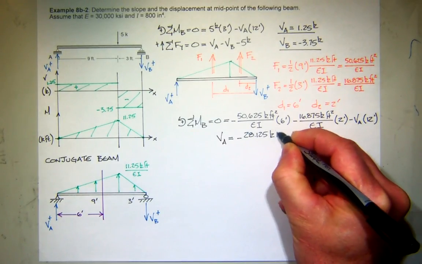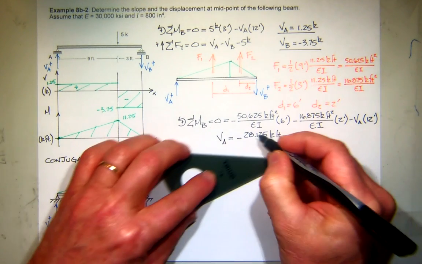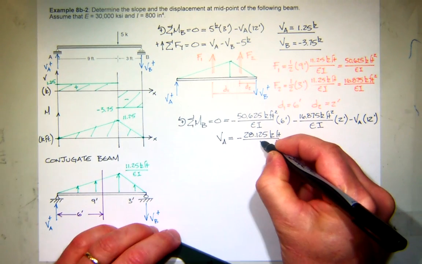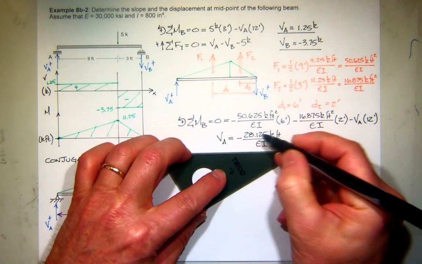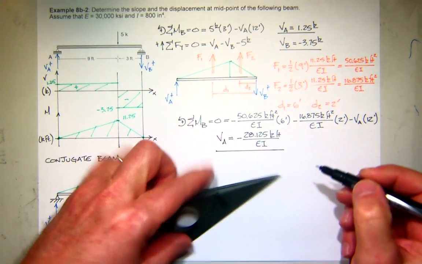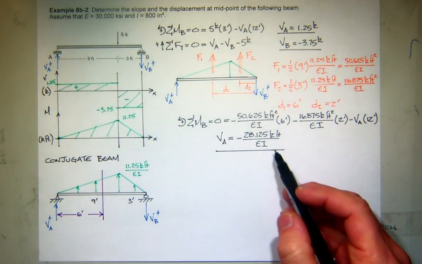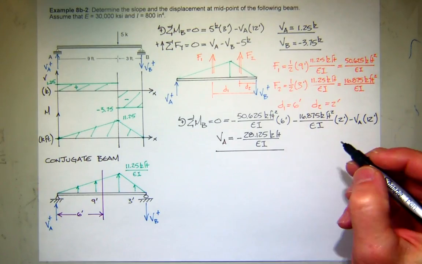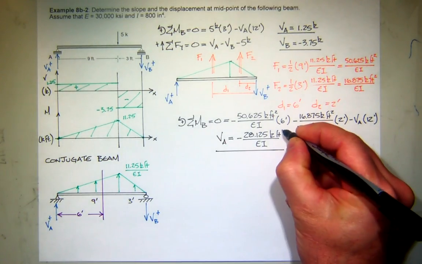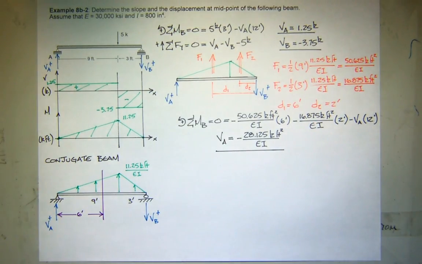So that again will be kip feet squared divided by EI, and the negative sign I think is correct. That seems reasonable. I'm sorry, kip feet squared. Left off the square.